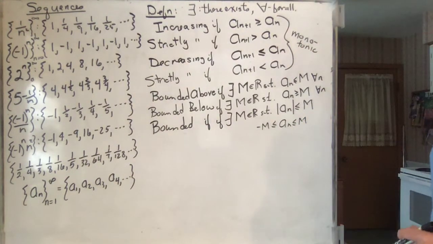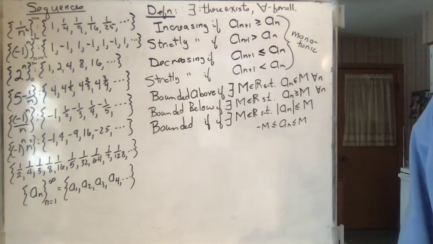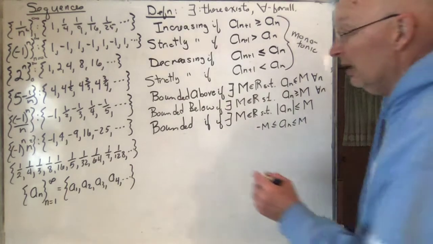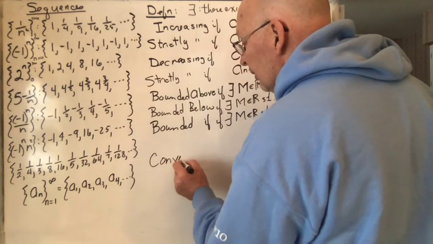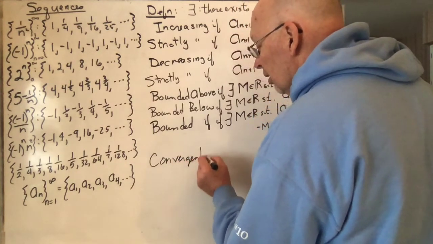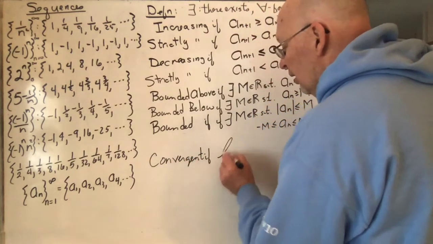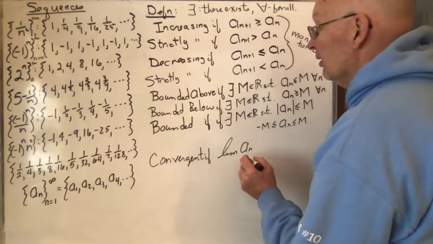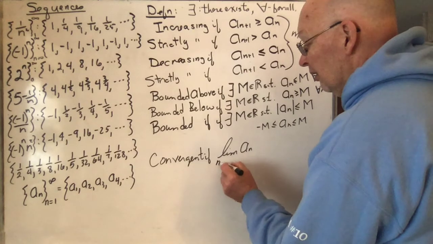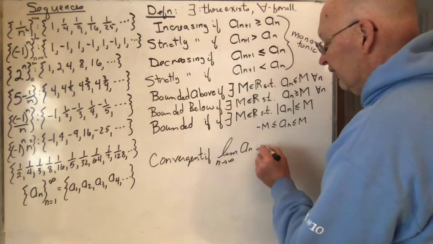Okay, and finally, one other word is convergent. A sequence is said to be convergent if the limit of the sequence exists.